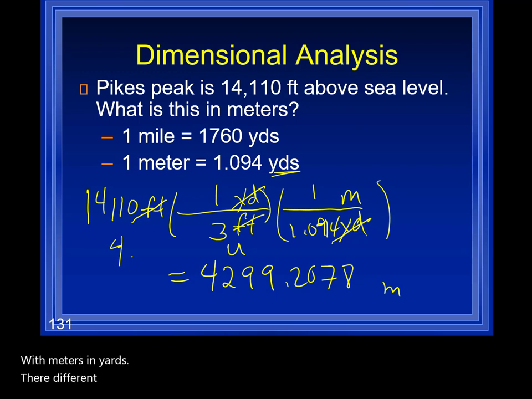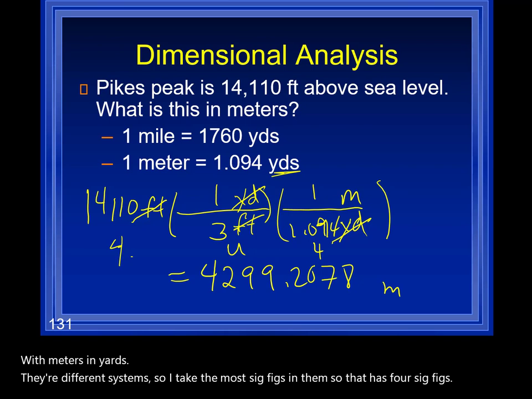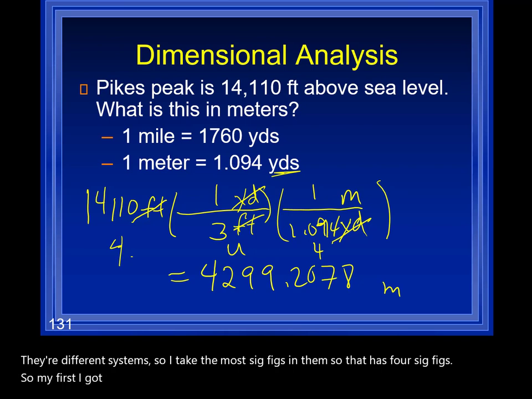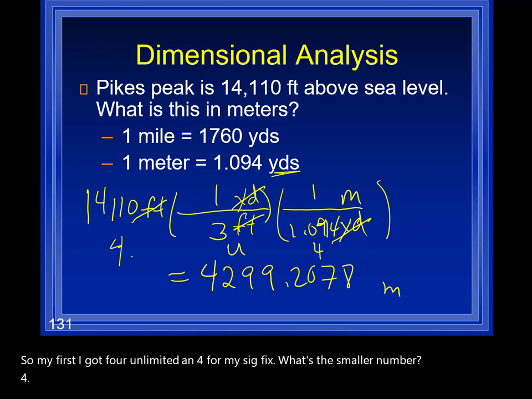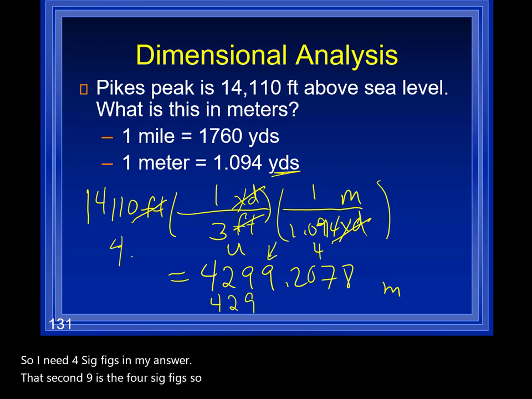So I take the most sig figs in them. So that has 4 sig figs. So I got 4, unlimited, and 4 for my sig figs. What's the smaller number? Well, 4. So I need 4 sig figs in my answer. That second 9 is the 4th sig fig. So 4, 2, 9, 9. Behind that 9, there's a 2. I leave it alone. And I put meters.